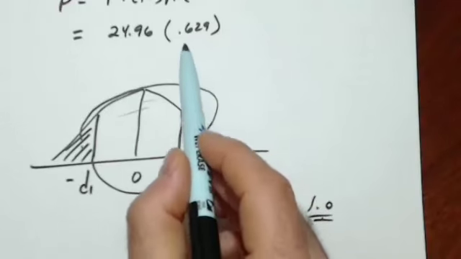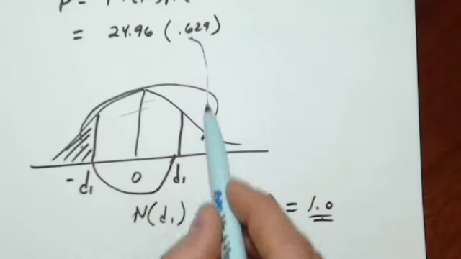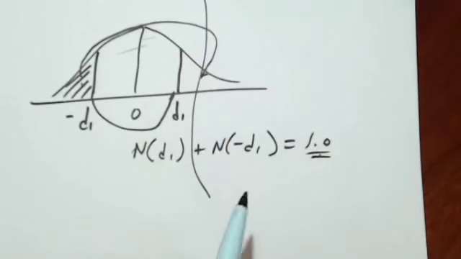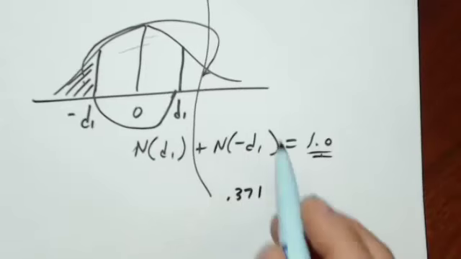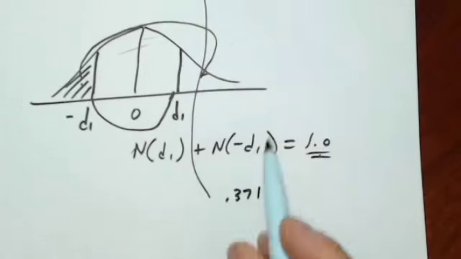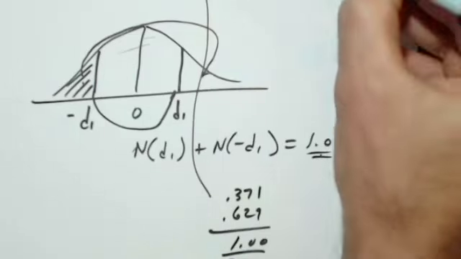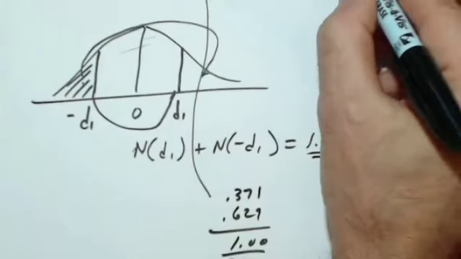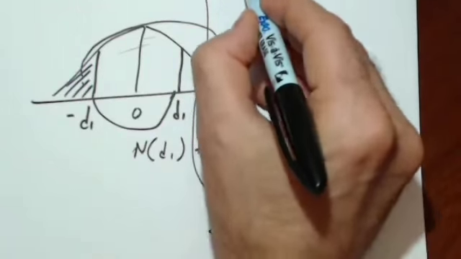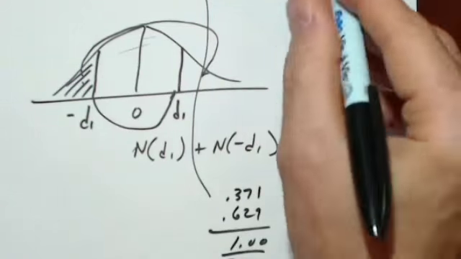And you can see, for example, ND of 2 in the calculation I just did was 0.37, and now I'm saying minus ND of 2 is 0.629. Well, that adds up to 1. And the same thing with D of 1 and negative D of 1. It'll add up to 1.